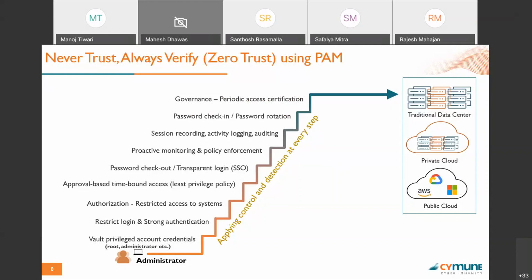So I can run periodic access certification, maybe half yearly or quarterly, just to ensure that the right people have the right access, right? This access certification will be done by a manager or compliance or security officer. He will just go and check whether the people have the right access in the PAM or not. So this is how I apply control and detection into every step.